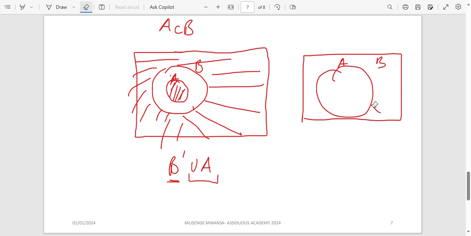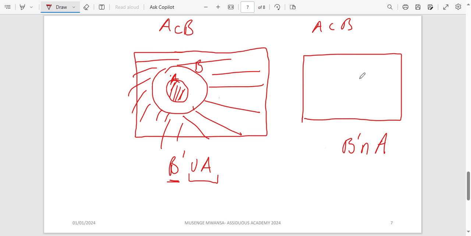Okay, let me just add for the understanding sake. Let's say A is a subset of B, but then they said shade B complement intersection A. Now B complement intersection A would mean shade what is outside B but is in A, and that's not possible.